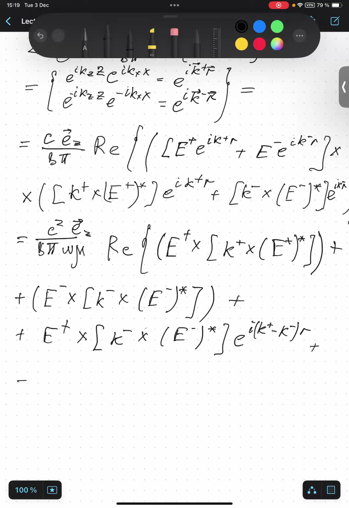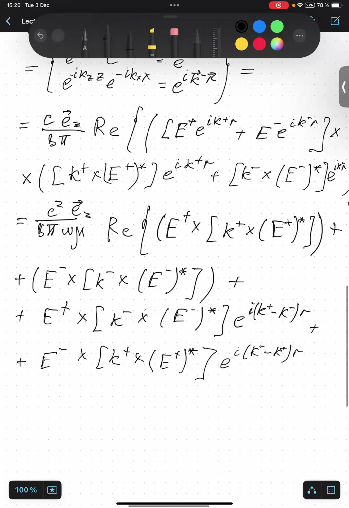And the last term, finally, E minus times K plus, E plus conjugated. And also exponent K minus minus K plus R.